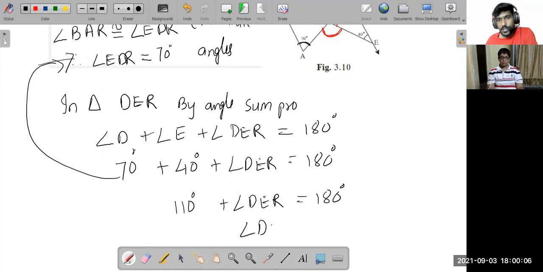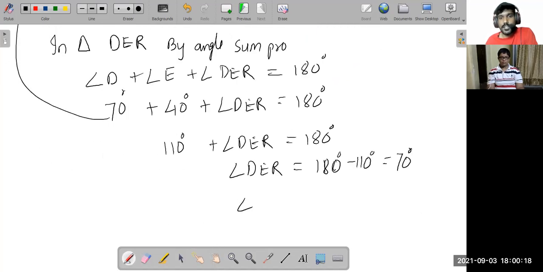Take 110 to the other side: 180 minus 110, which is 70 degrees. So angle DER is equal to 70 degrees.